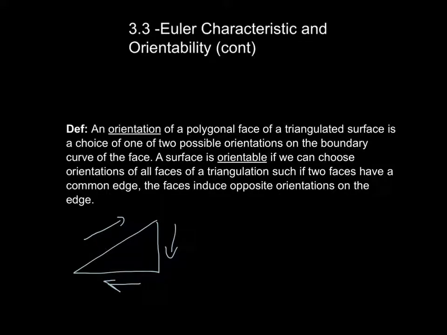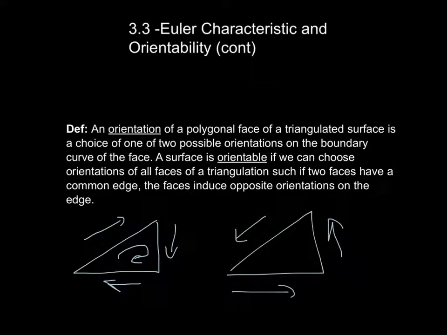And we usually indicate by drawing a little curvy arrow inside the triangle. The opposite orientation, because remember we have a choice, would go in this direction, and we would draw the arrow that way. And if these two triangles are touching each other, the surface will be orientable if they have opposite orientations.